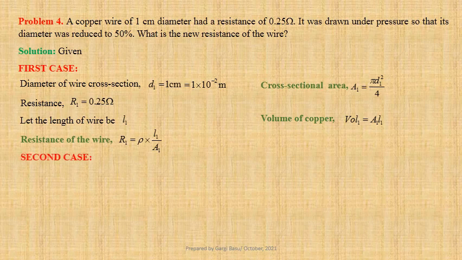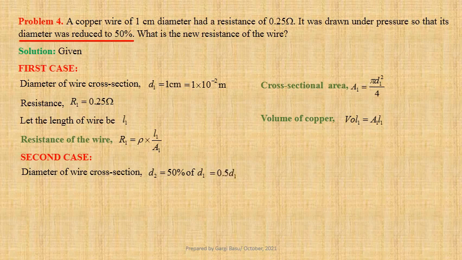Second case, diameter of wire cross section D2 equals 50% of D1, that is equal to 0.5 times D1. Cross sectional area A2 equals pi times D2 square divided by 4, that is equal to pi times D1 square by 16 or 1/4 A1.